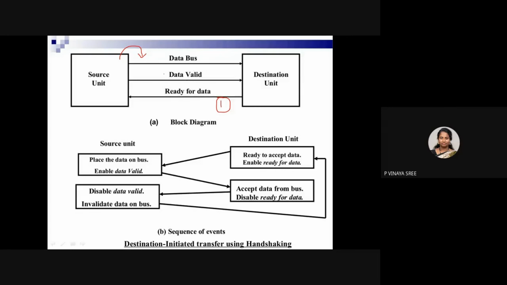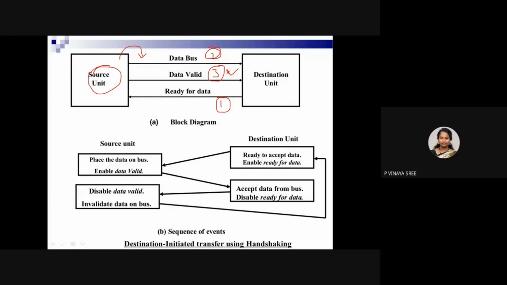Then it enables the data valid signal. This was missing in the strobe, where we have now included this acknowledgement from the source to the destination that data is valid, that the source unit has placed the data.